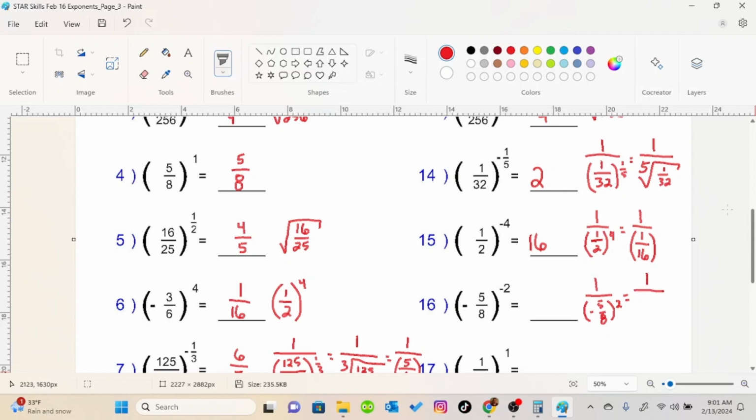So this becomes 1 over 5/8 squared. 5 squared is 25, and 8 squared is 64.